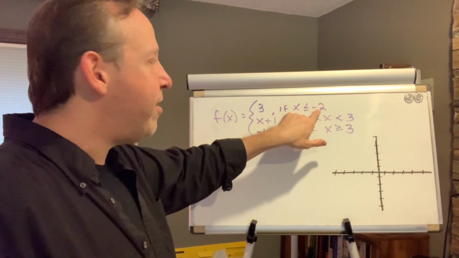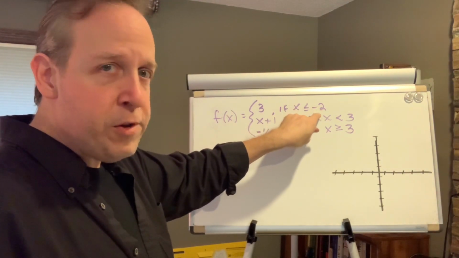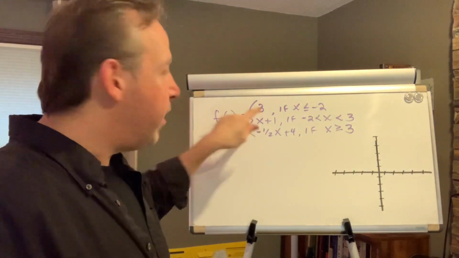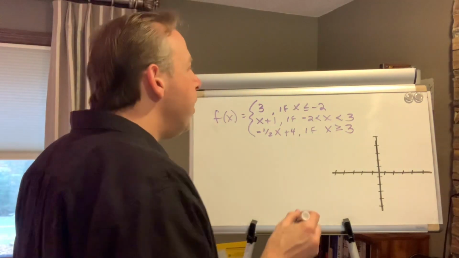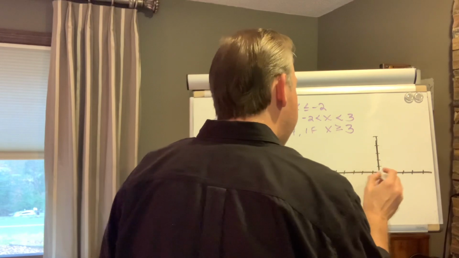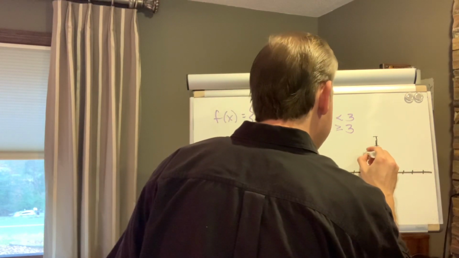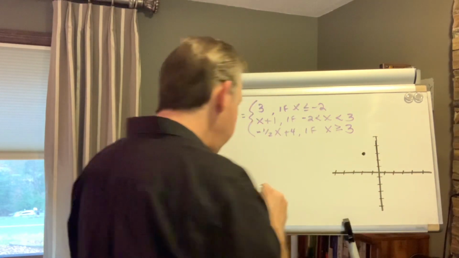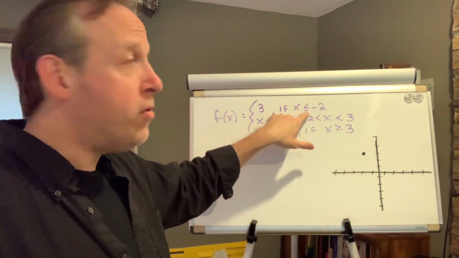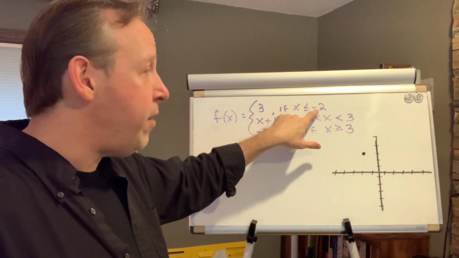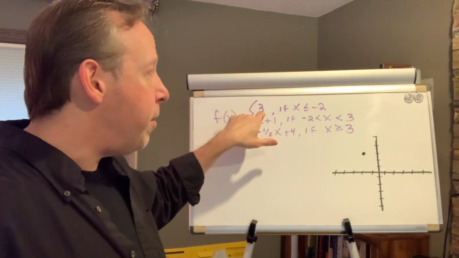We're going to use this as an input. So when x is negative 2, y is going to be 3. That's what it says. It's a constant. So at negative 2, 3, I'm going to put a solid dot. It is solid because it says less than or equal to. So when x is less than or equal to negative 2, y is 3.